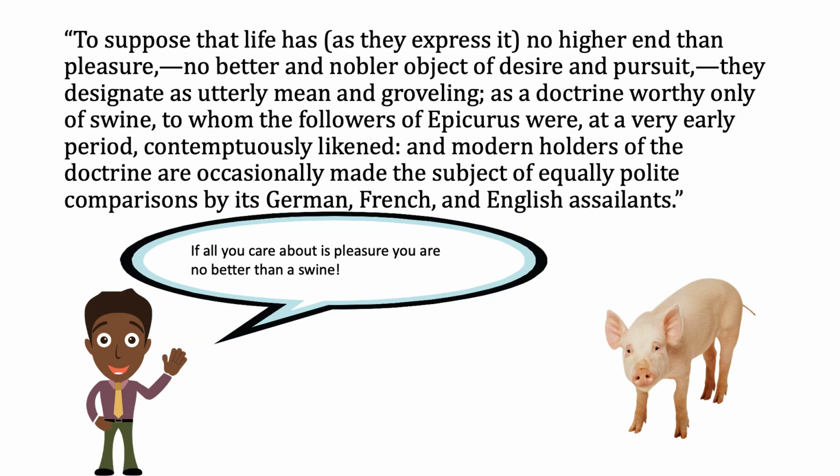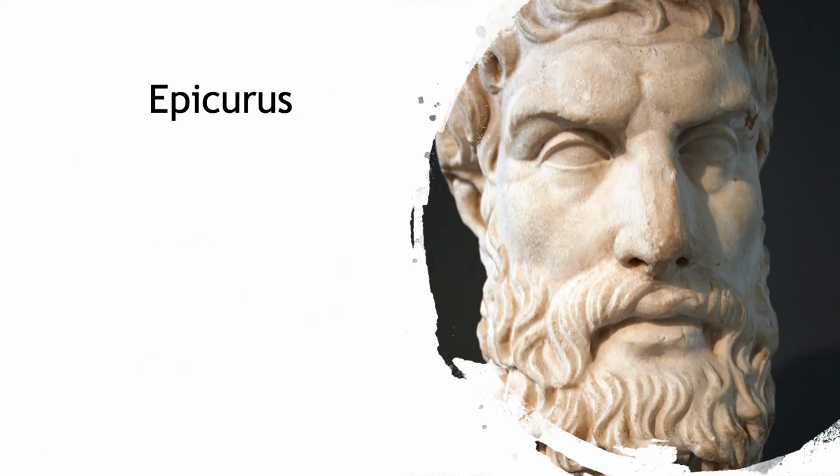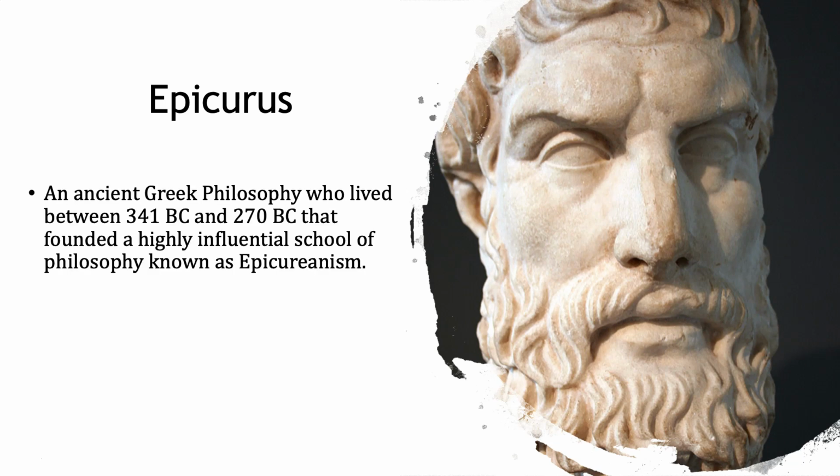All right, interesting. So there's someone else that's mentioned in this passage that might be confusing to us. It's this fellow right here, Epicurus. So who is Epicurus? Well, Epicurus is an ancient Greek philosopher who lived between 341 BC and 270 BC. And he founded the highly influential school of philosophy known as Epicureanism.